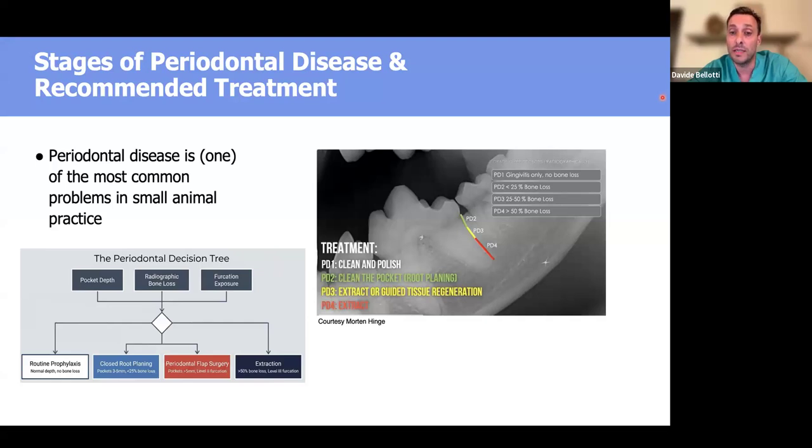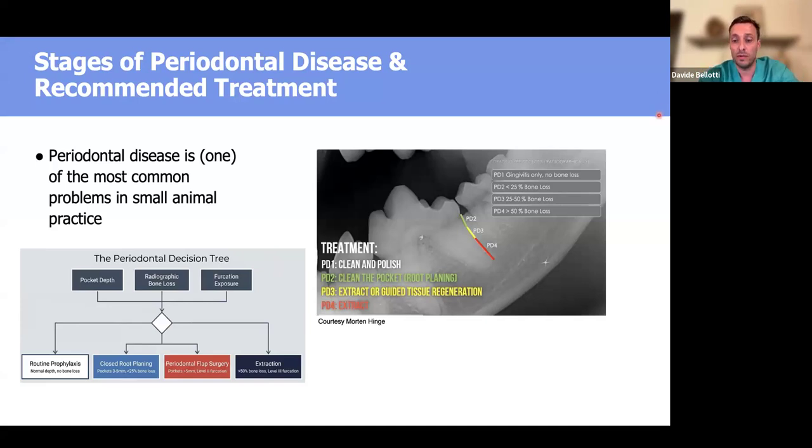What we do here is GTR, guided tissue regeneration, or, as we will see, since the advent of Rigenera Vet, doing a procedure with open flap and open root planing to try to regenerate the tissue. If we have more than 50% of bone loss or level 3 furcation, we consider this stage 4 periodontal disease, and the treatment is extraction.